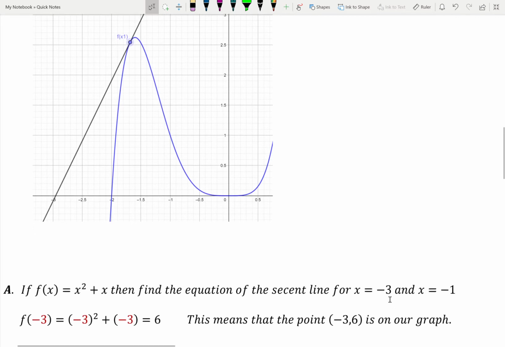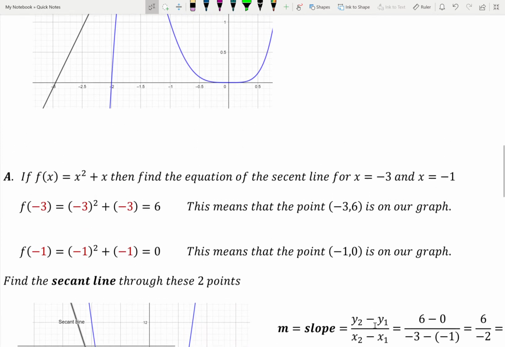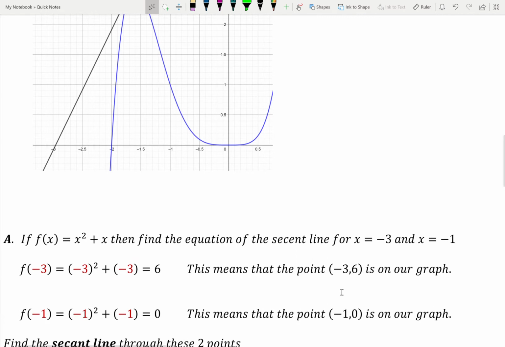Now if I plug in the second x, minus 1, I get 0. This means that the point minus 1, 0 is also on our graph. So we have 2 points on our curve, and all they want us to do is connect them via a straight line.